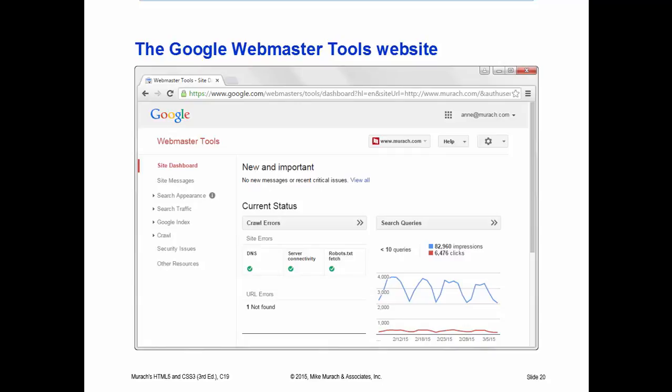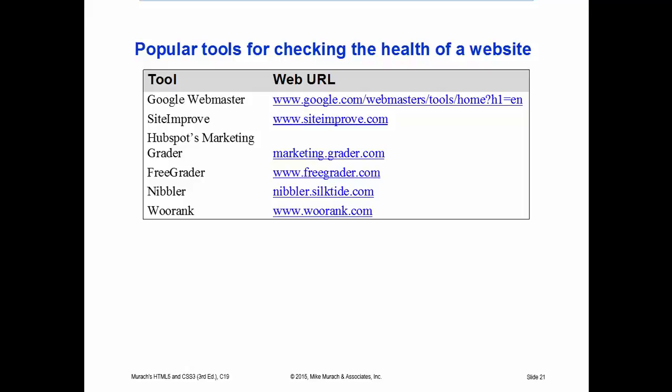There's a commercial service that's called Site Improve. All right? You can see it right here. And with Site Improve, it's used typically for larger websites. It checks for accessibility and SEO issues.